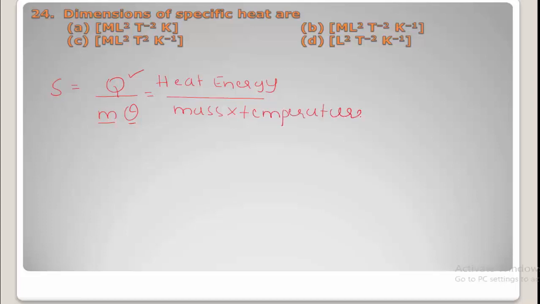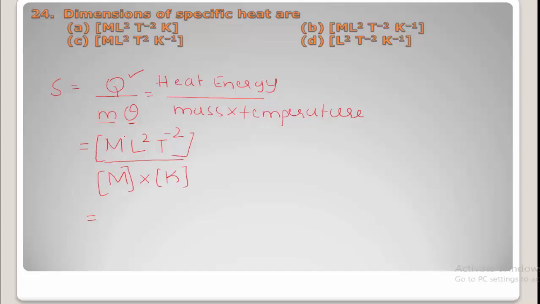So the specific heat is defined as Q divided by M into theta, where Q is the thermal energy or heat energy. For energy, the dimensional formula is M L squared T raised to minus 2, divided by mass M, and the dimensional formula for theta is K.